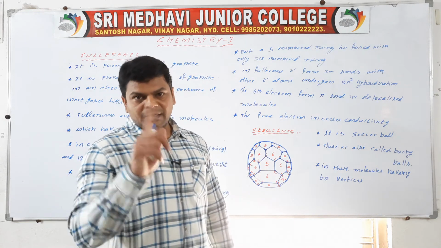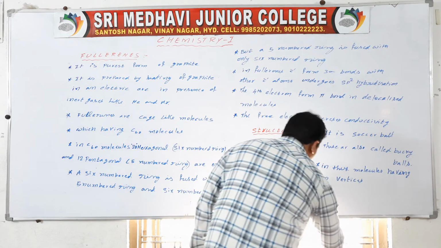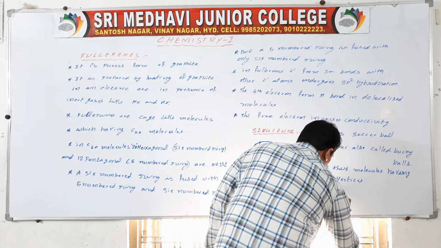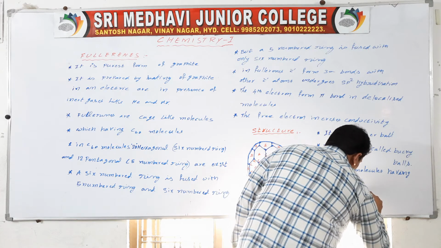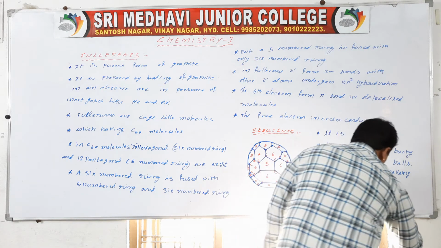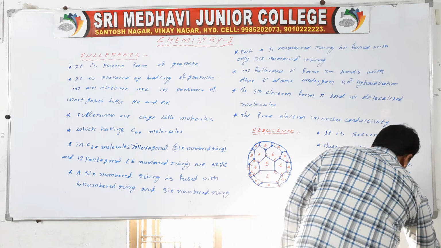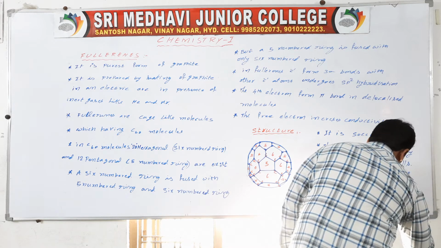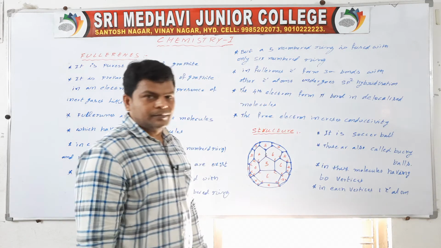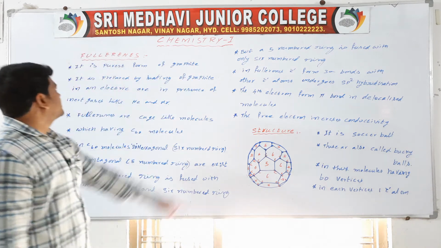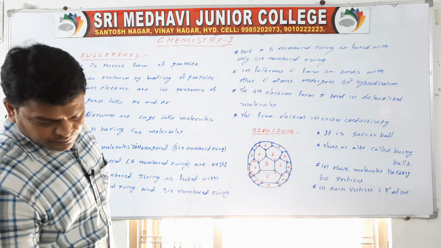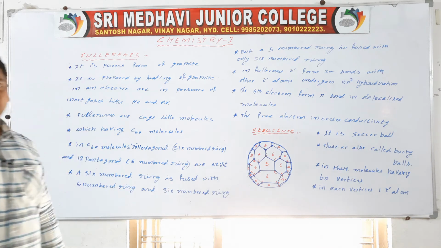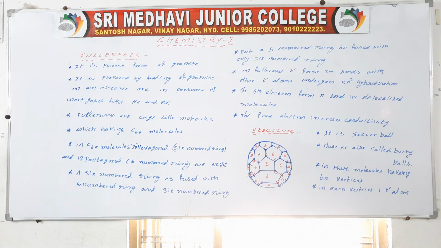Each vertex has one carbon atom. In each vertex, one carbon atom. Okay. So this is the structure of fullerenes.